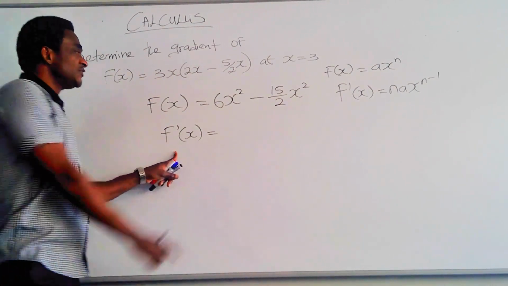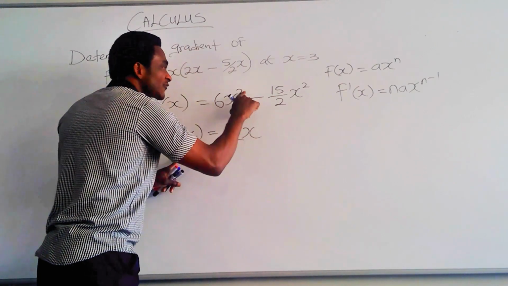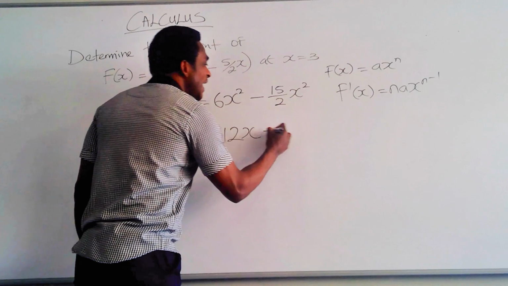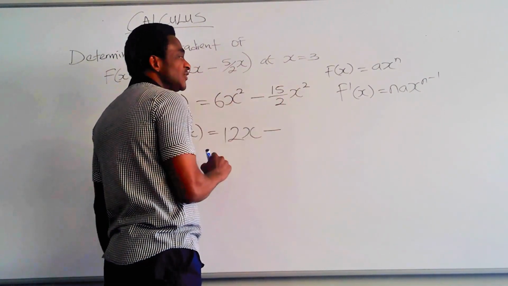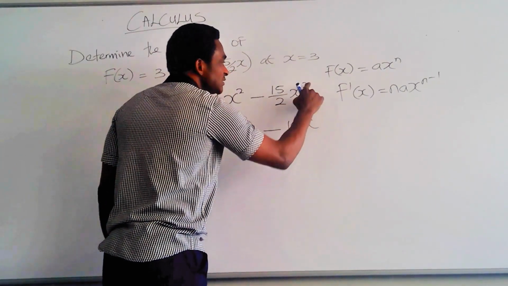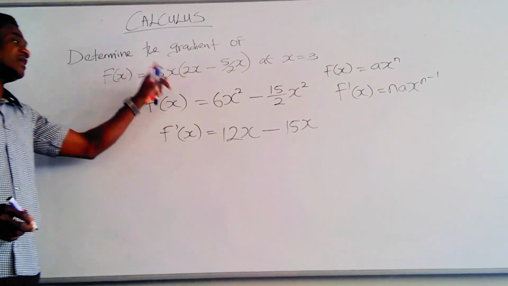So the first derivative here will be 2 times 6, which is 12, x to the power of 2 minus 1, which is 1. Minus, the first derivative of this will be 2 times 15 over 2. That will give us 15, and we have x to the power of 2 minus 1.